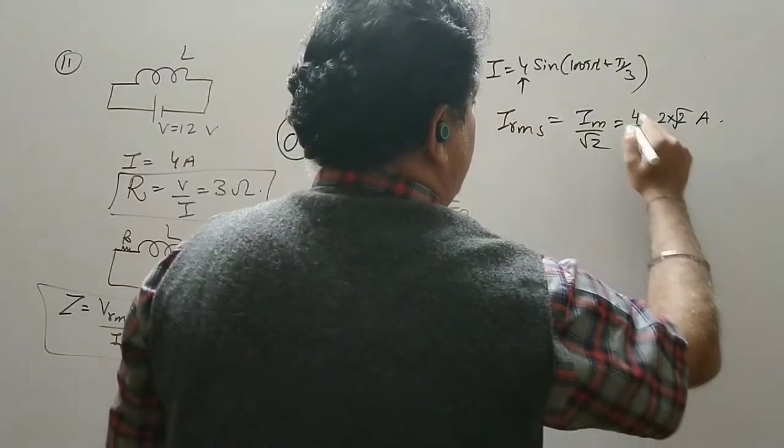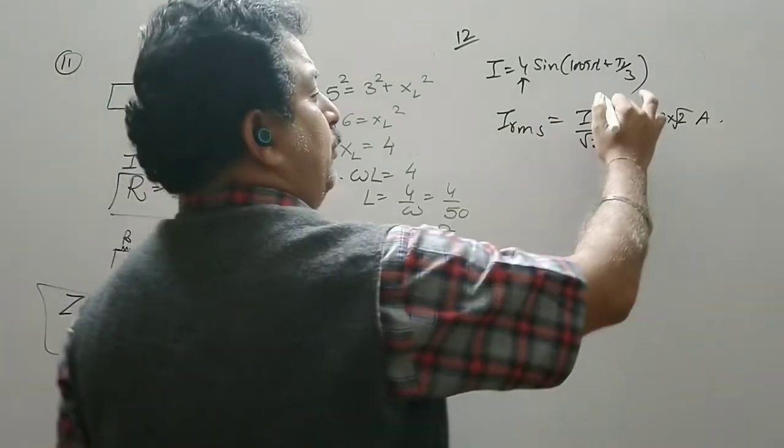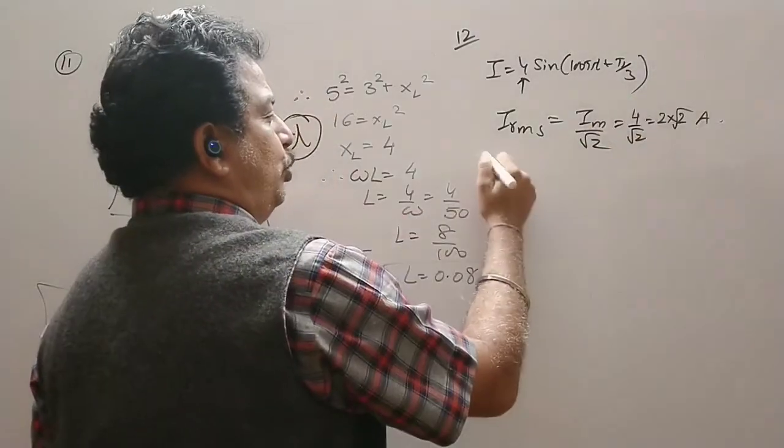They have given the answer in point form, so directly 4 divided by root 2 can be found, or 4 can be written as 2 into 2 and then root 2 is cancelled.